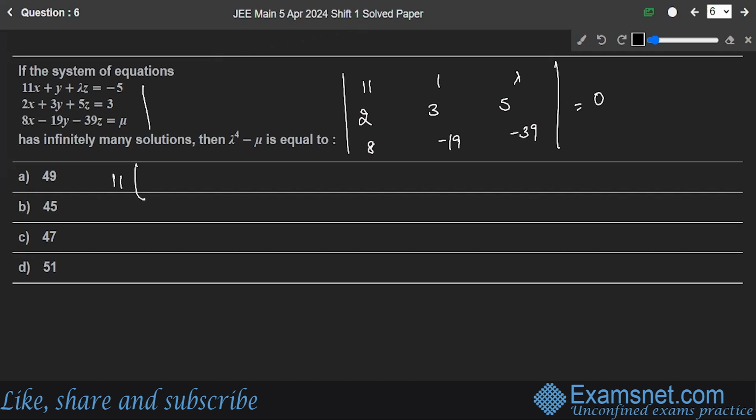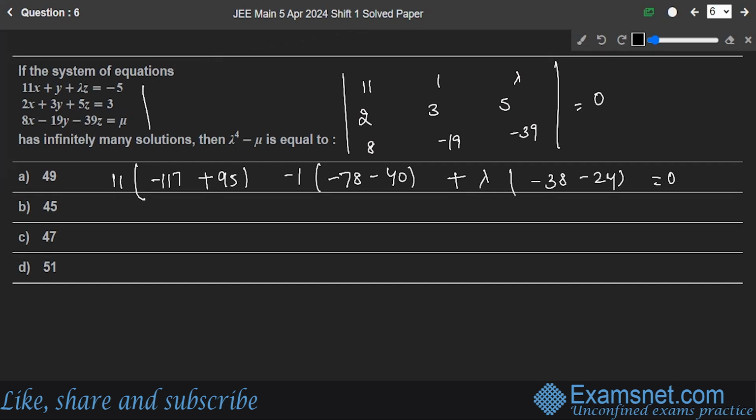So let's solve. This is the minus 39 into 3, which is minus 117 plus 95 minus 1. This is 39 twos, which are 78, and minus 40 plus lambda into minus 38 minus 24 is equal to 0.